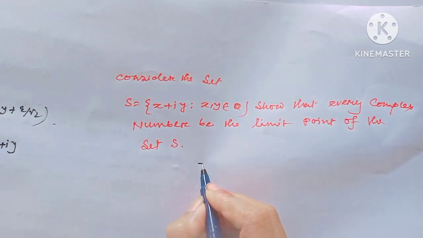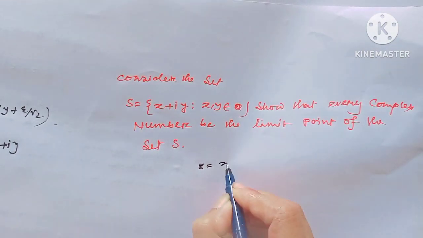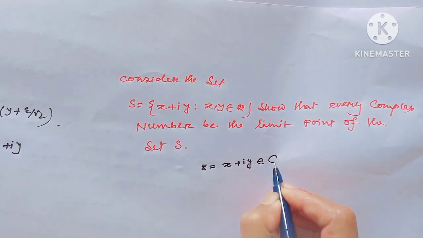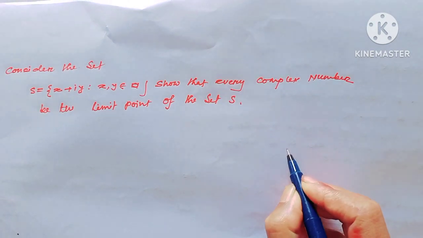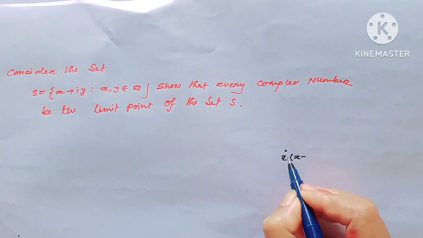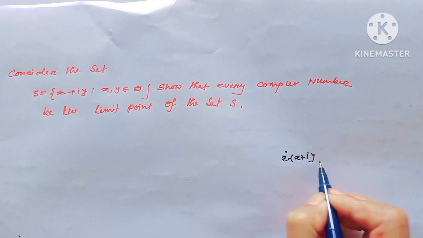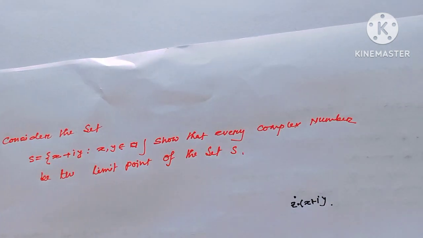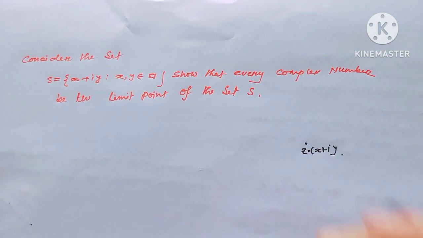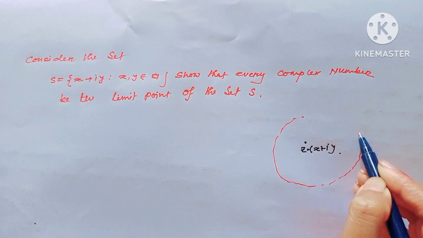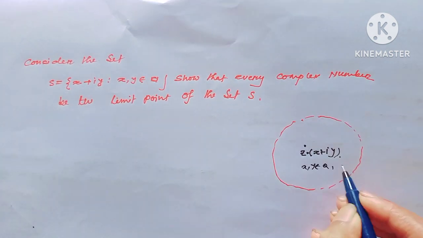At first consider z equal to x plus iy, an arbitrary point in the complex numbers. Now consider one ball of radius epsilon.